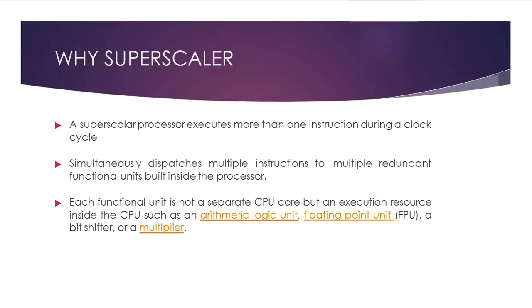It also dispatches multiple instructions to multiple redundant functional units built inside the processor. Each functional unit is not a separate CPU core, but an execution resource inside the CPU, such as an arithmetic logic unit, floating point unit, a bit shifter, or a multiplier.